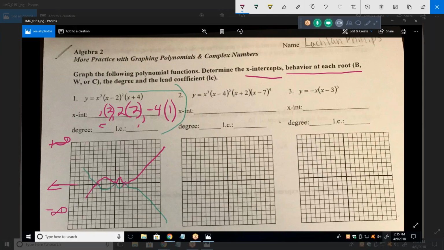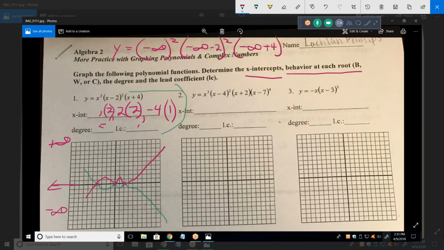So here's what you have: y equals negative infinity squared times negative infinity minus 2 squared times negative infinity plus 4. And the answer to our question is, is this equal to positive infinity or negative infinity?